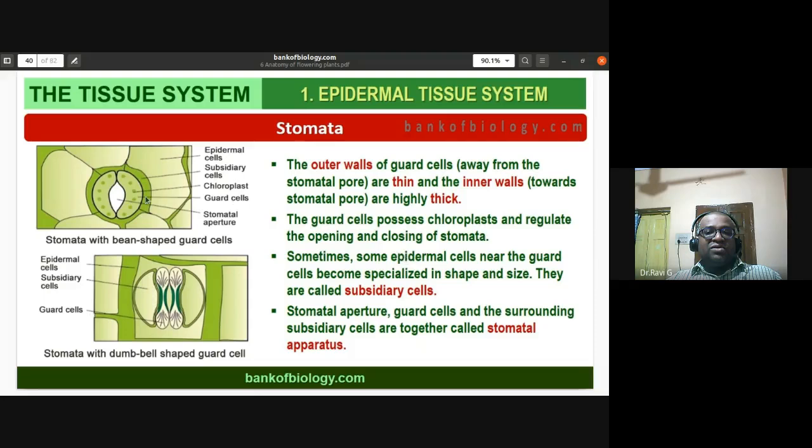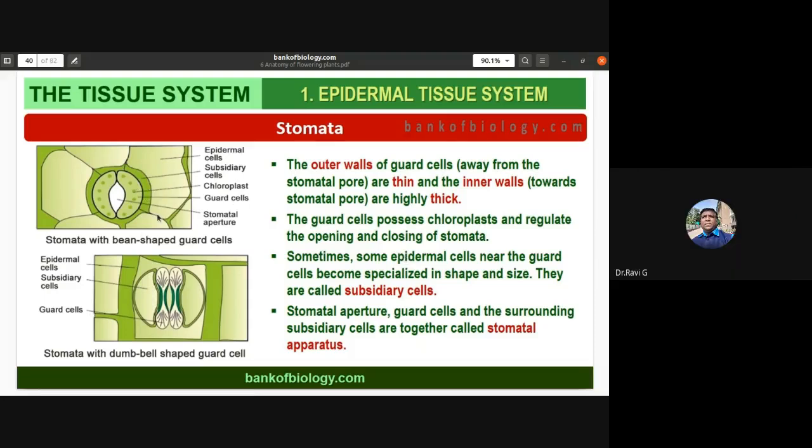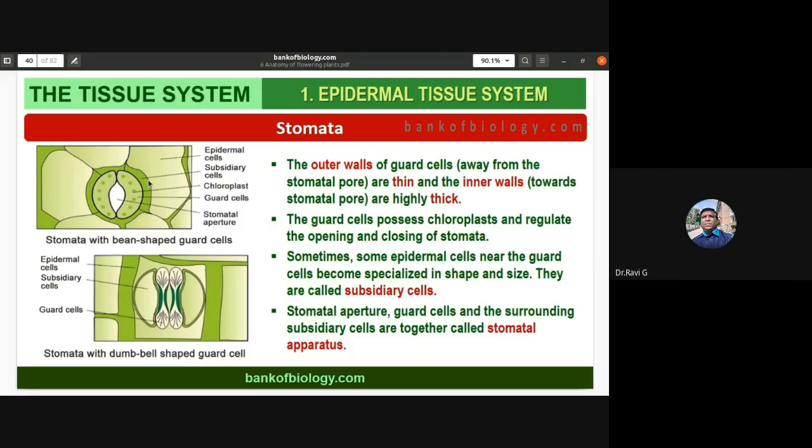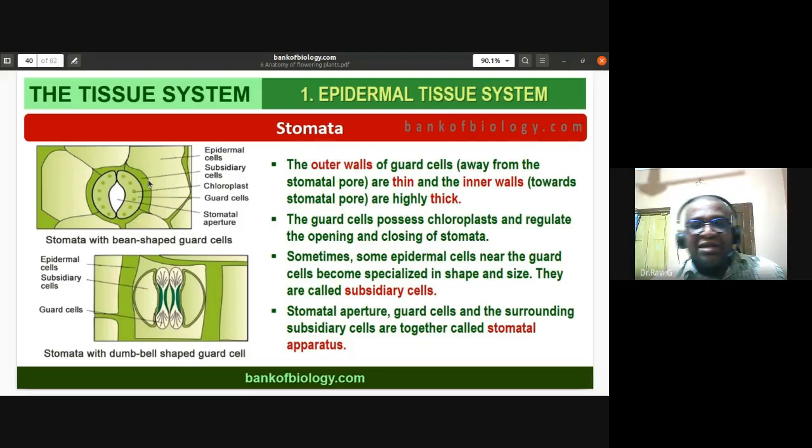So some of the epidermal cells near the guard cells become specialized in shape and size. They are called the subsidiary cells. So the stomatal aperture, guard cells, and the surrounding subsidiary cells are together called the stomatal complex, or you can call them the stomatal apparatus.